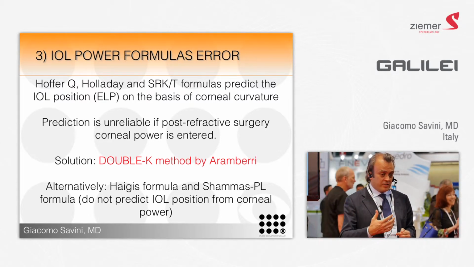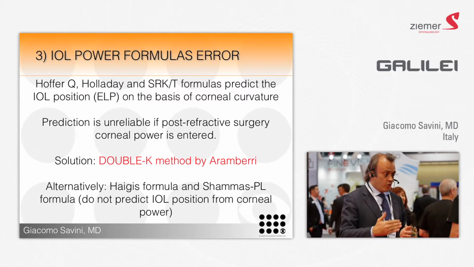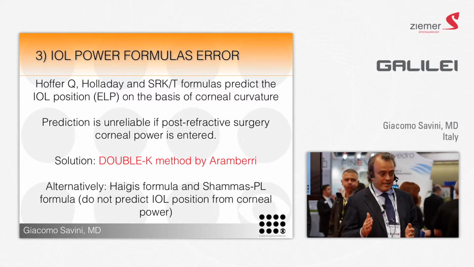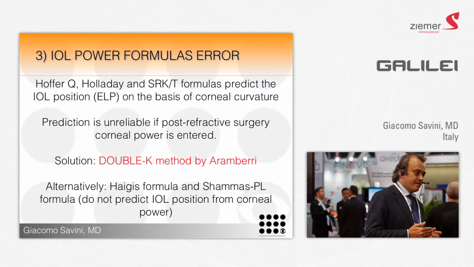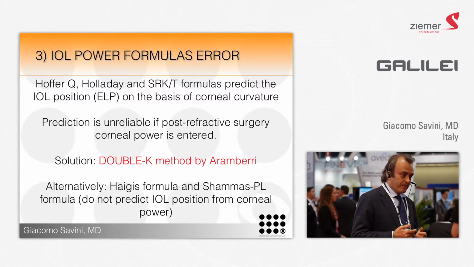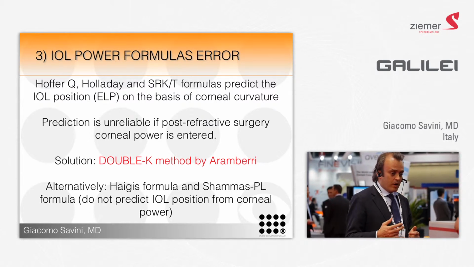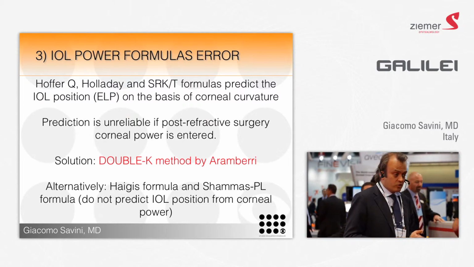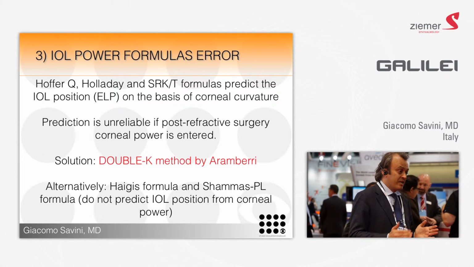So if you have a 45 diopter cornea, the lens will sit in one position. If you have 40 diopters, the lens will sit in another position. Of course, if you flatten the cornea artificially by LASIK, or you make it steeper, the formula will predict a different position of the IOL, a different ELP, which is not true, because the true predicted position should be the one with the original K.